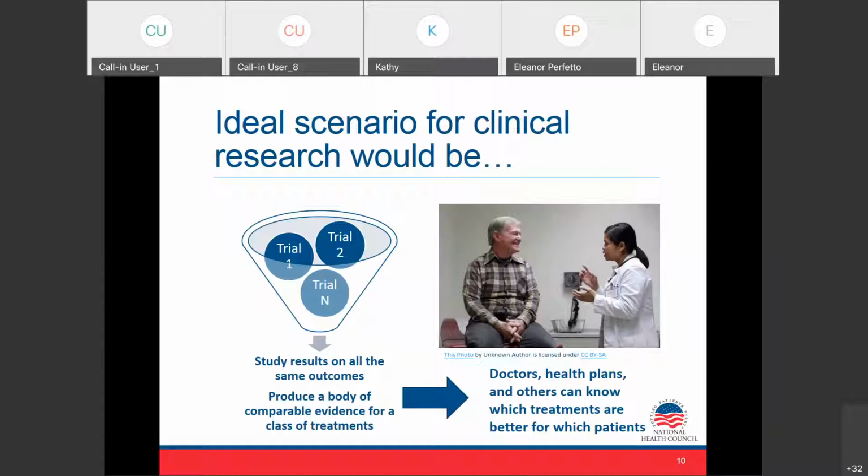And in the perfect world, you would be able to easily aggregate studies to get those answers and get a broad picture.